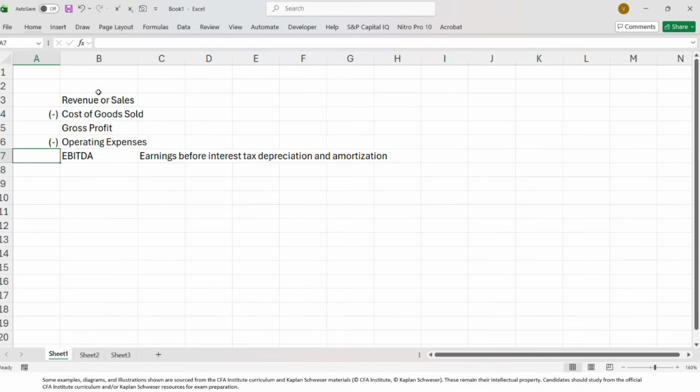From EBITDA, we subtract what is called depreciation and amortization. What you get is EBIT. From this, you subtract interest expense. And what you get is EBT. And from EBT, you subtract tax.